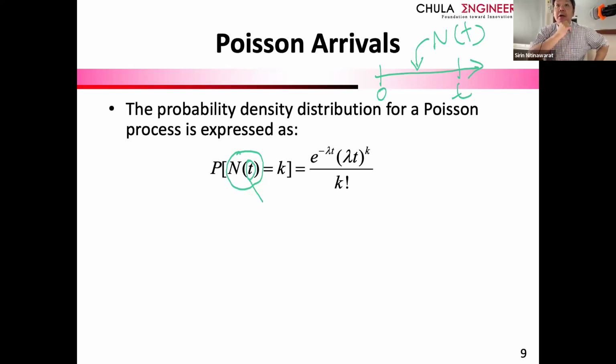Little k, remember the notation? A little character is for a deterministic value, and a random variable is represented by a capital letter. Which quantity is capitalized here? Little k is the value of N of T. N of T is Poissonly distributed, right?